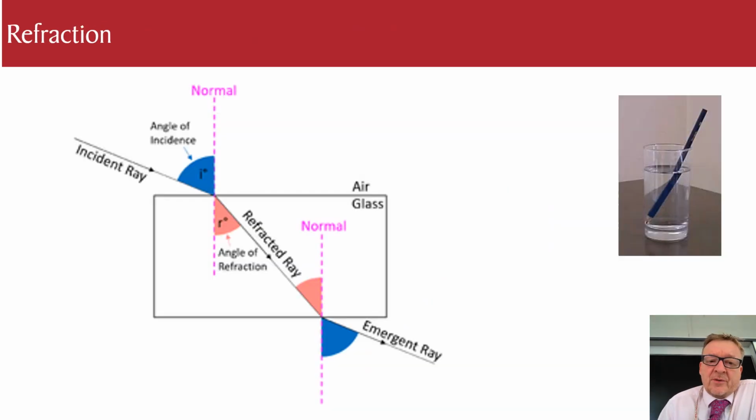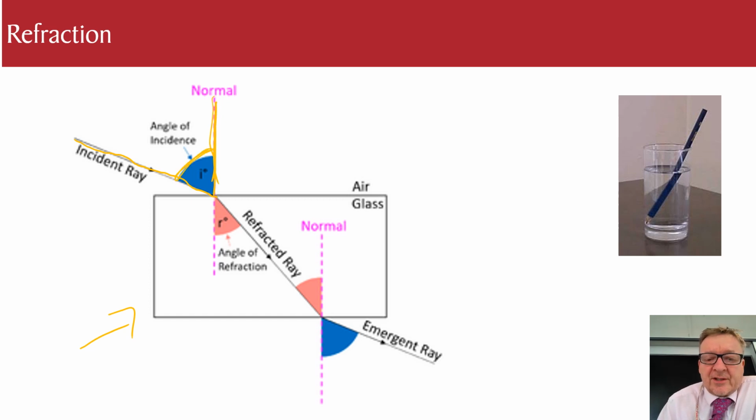Right, now what we're doing, we're talking about refraction. We've got a glass block or a perspex block here. We shine a light, which is called the incident ray, to the perspex block. And what we've got here is we've got something called the normal, which is a right line that then comes off. This angle is called the angle of incidence.